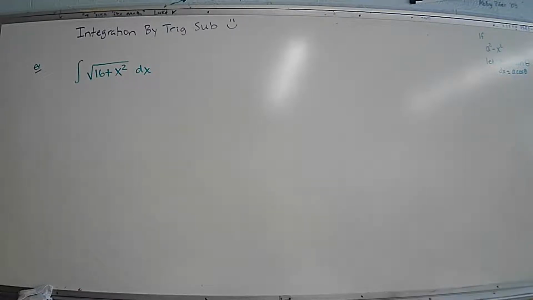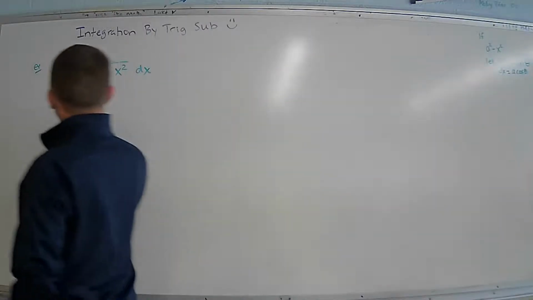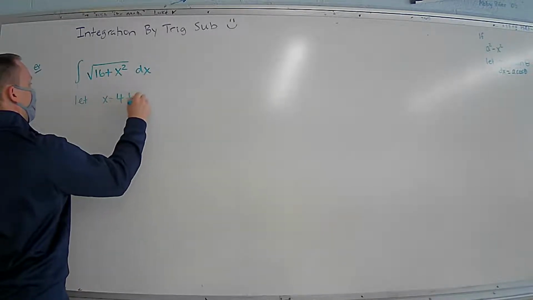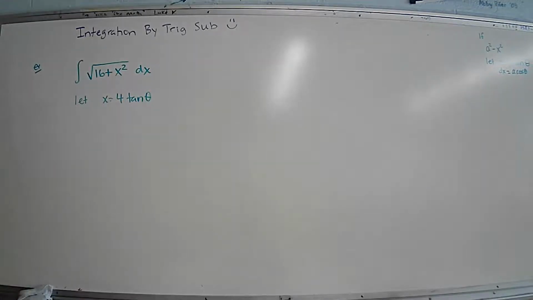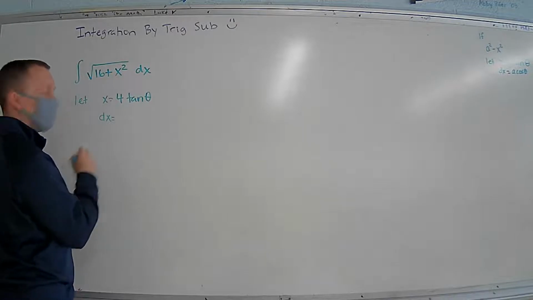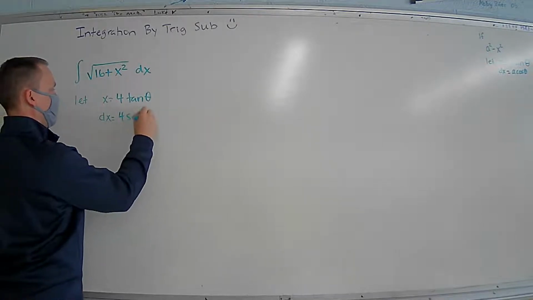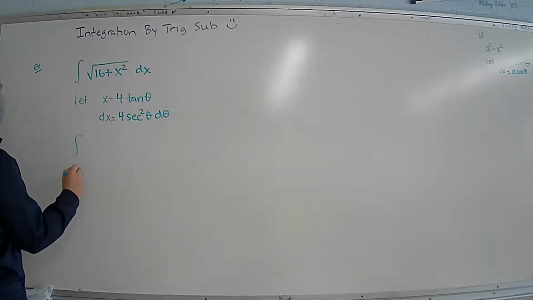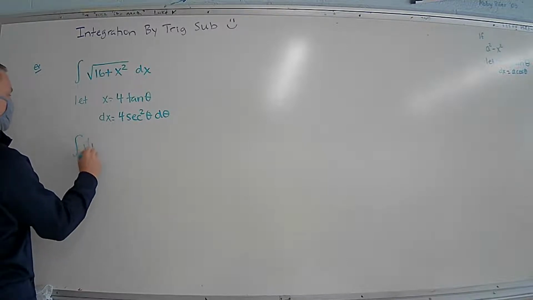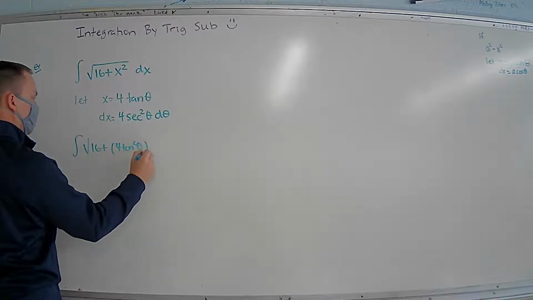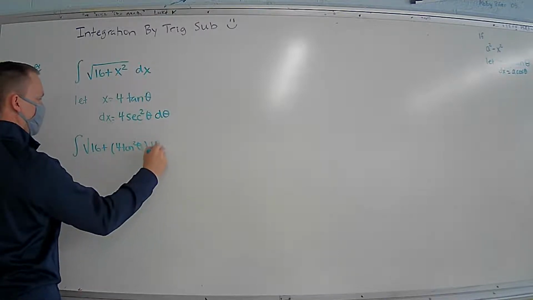So what do you think my substitution is going to be? Let x equal 4 tangent theta. And then what's dx going to be? 4 secant squared theta d theta. So now when I sub in, I'm going to have the square root of 16 plus 4 tangent squared theta, and dx is 4 secant squared theta.